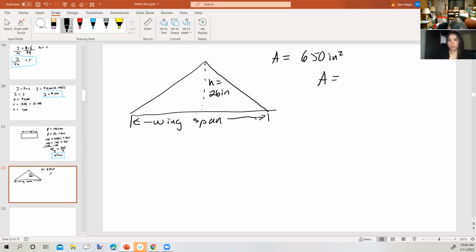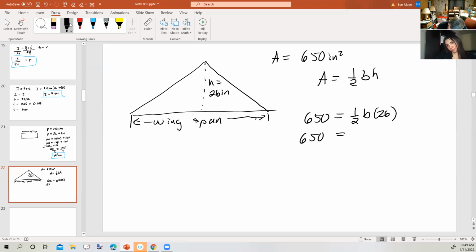The area of a triangle is 1/2 the base times the height. You could say height times base because multiplication is commutative, but I'm getting ahead of myself there. All right, so what have we got? We've got 650 equals 1/2. The base would be the wingspan, so we don't know that, and the height is 26.